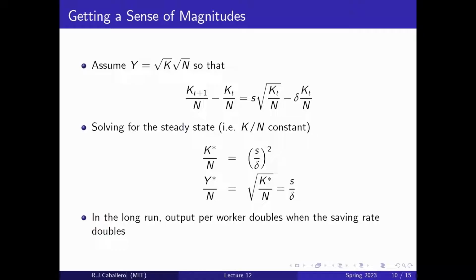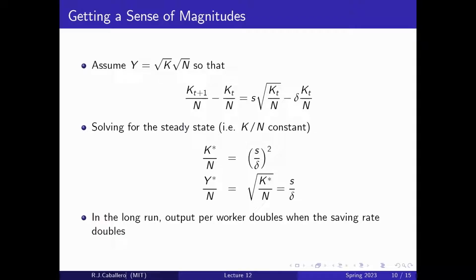Well, the answer is that the steady state stock of capital per person is the saving rate over delta, squared. Output per person, which is the square root of k over n, is therefore the square root of (s over delta) squared, so it's s over delta.